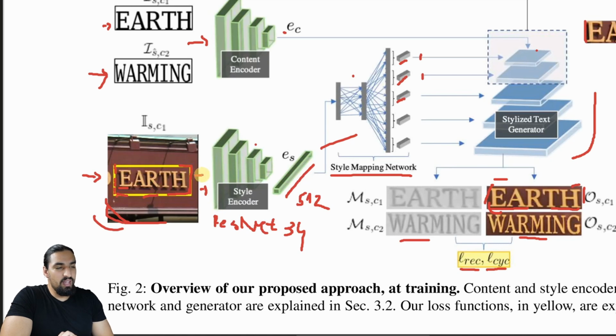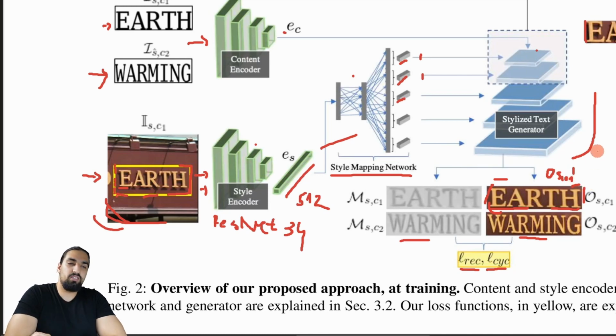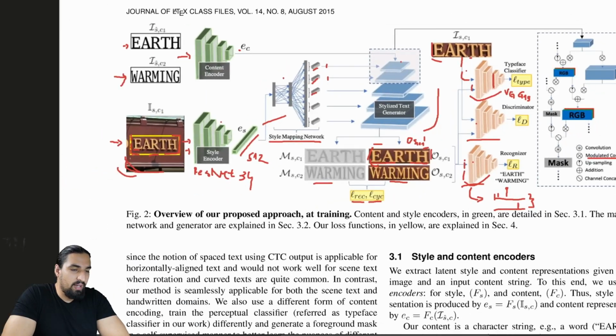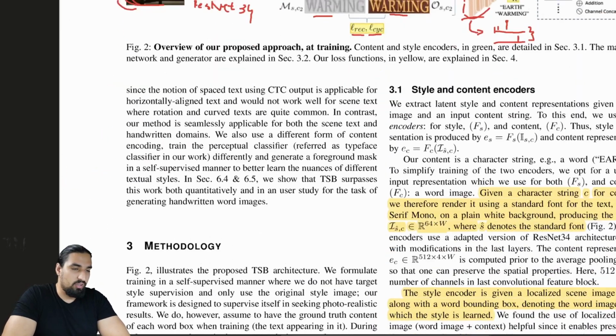Then they pass that image again through the whole pipeline and generate another image. Let's call that one O_S_C1 prime, whatever. Now they want to make sure that that image is the same as this one, so they just do L1 between those two. So again, it's complicated, a bunch of details, but that's what they do. That's the whole pipeline. And now let's start digging into details a bit more.